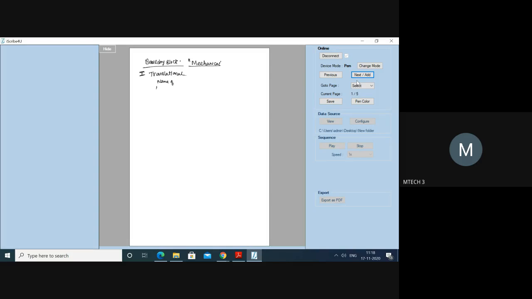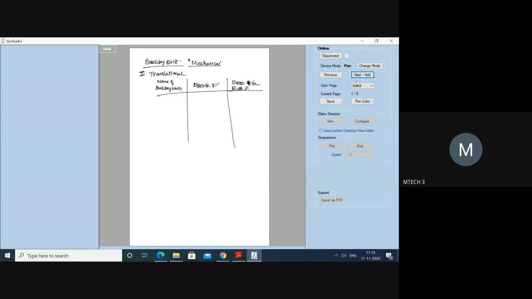Write down. I want you to fill this. Name of building block, then equation for force, then equation for energy or power.